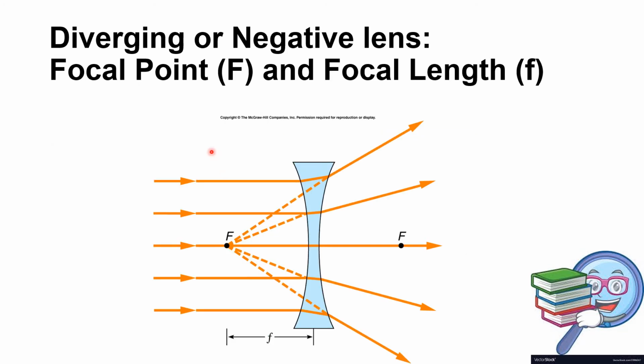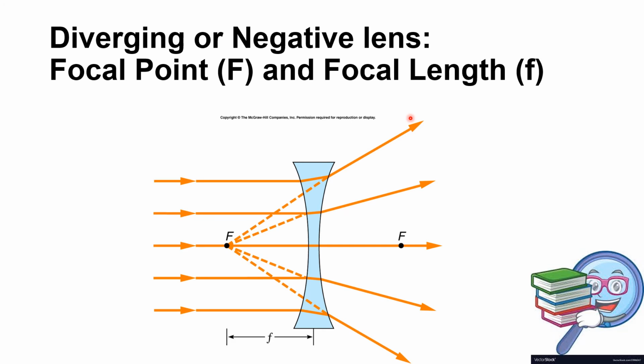Double concave lens is also called diverging or negative lens. Diverging because when parallel light rays strike the lens, the refracted rays scatter.